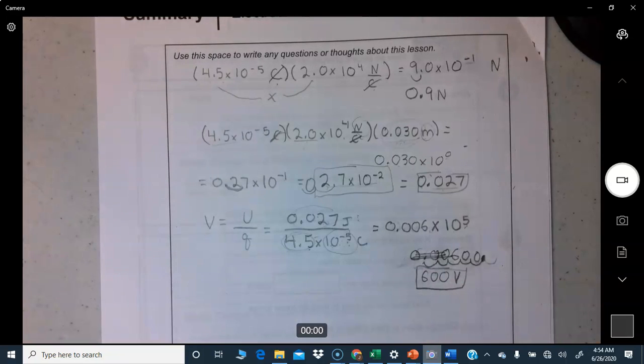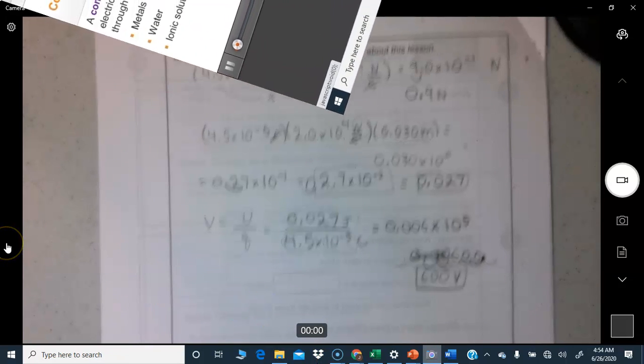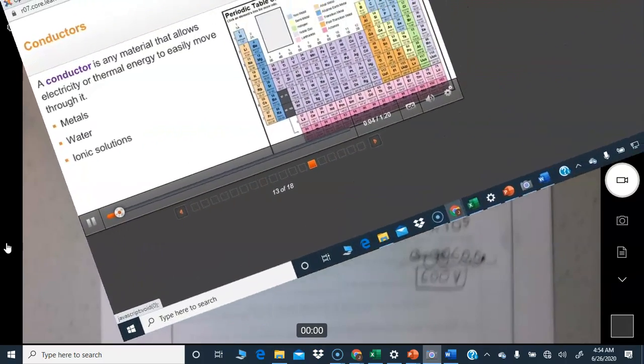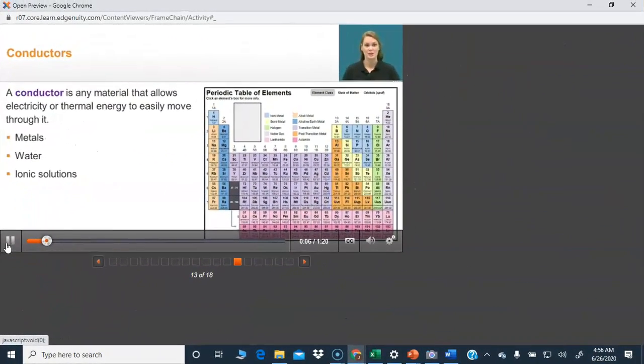So doing some of this math will take a little bit of getting used to, but that's okay. Charged particles can move or flow depending on the type of material holding the charges. A conductor is a material that allows electricity or thermal energy to easily flow through it. Charges flow when free electrons, that is, electrons that are no longer attached to atoms, are readily available in the material.